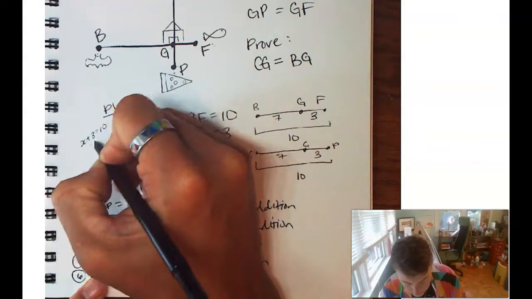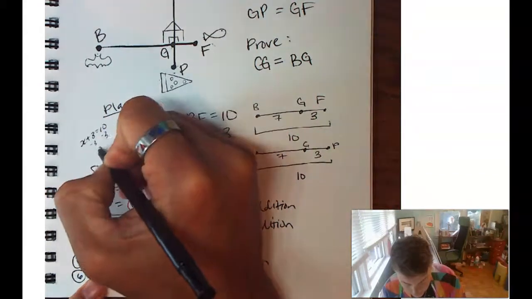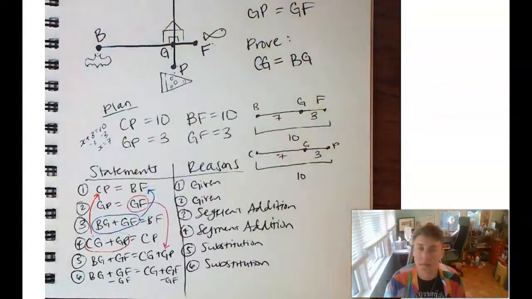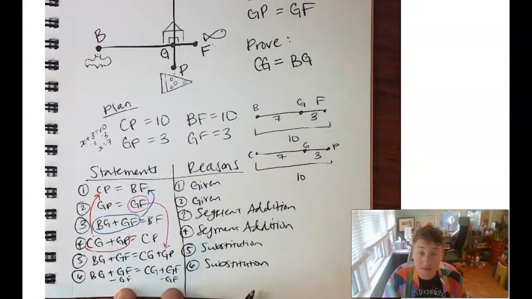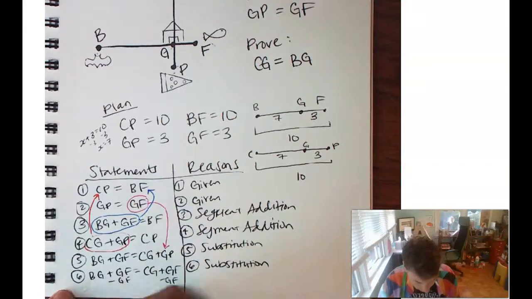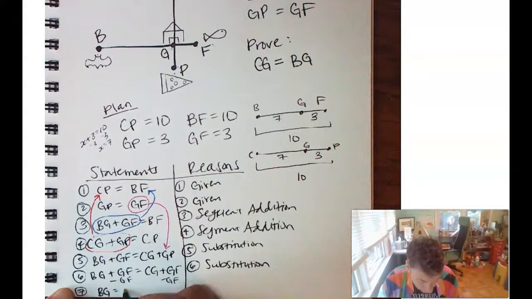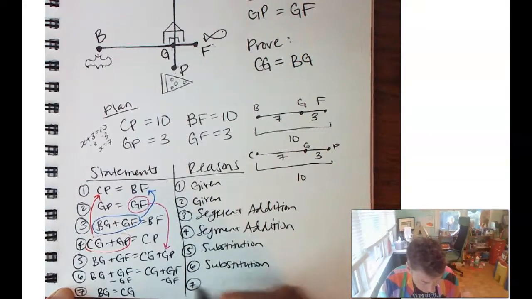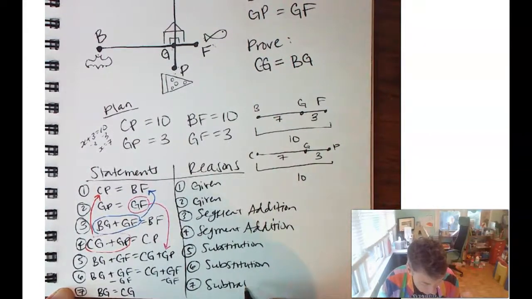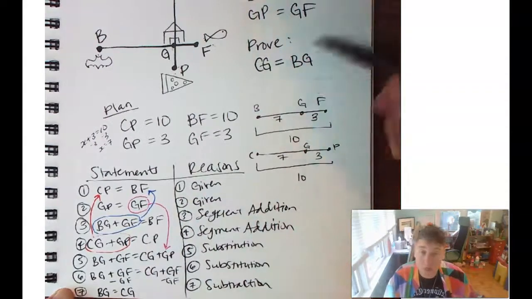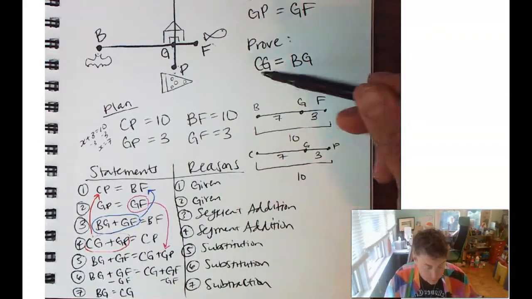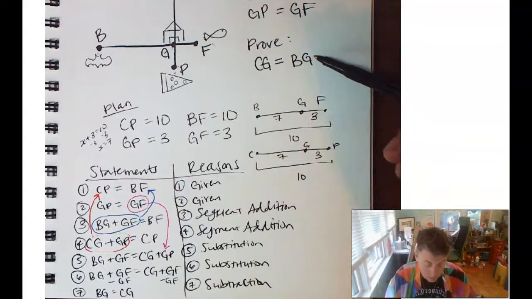We're always allowed to subtract the same thing on both sides. That maintains equality. So we can do the same thing with segments. We can subtract GF on both sides. And when we do that, we get BG equals CG by subtraction, which was what we were trying to prove, that these two segment lengths are equal to each other.